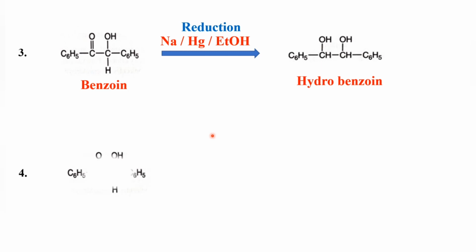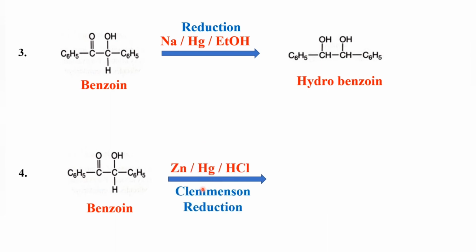Then the next one is again one more reduction, but here it is a Clemmensen reduction, that is, amalgamated zinc with HCl. In the Clemmensen reduction, this oxygen is removed, and instead a bond forms between the two carbons.